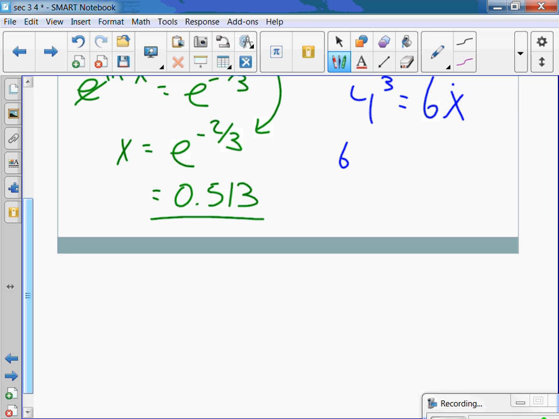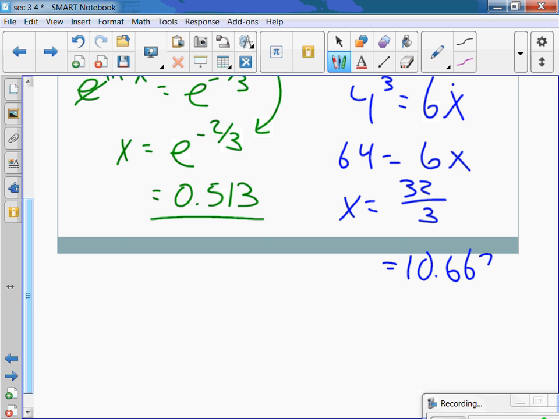You don't need to calculate for this. 3 goes into 32 10 times, so you have a remainder of 2. 2/3 is what? 6.